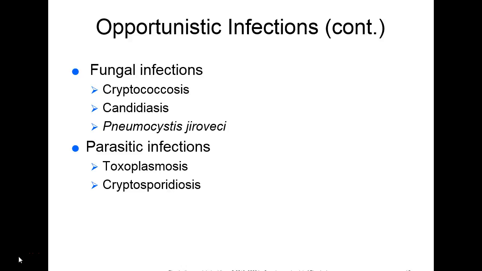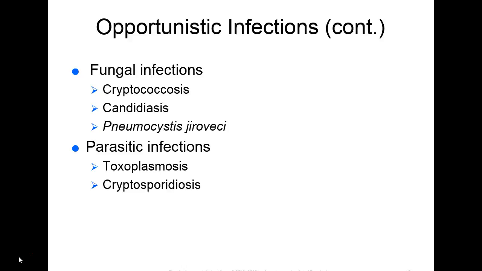The cryptococcosis is an infection that the patient can get from the fungus that's in soil. It's often found in the patient's lungs from inhaling the dust, etc. And you also can have an impact on their CNS, their central nervous system. The candidiasis is the thrush or the yeast infections.